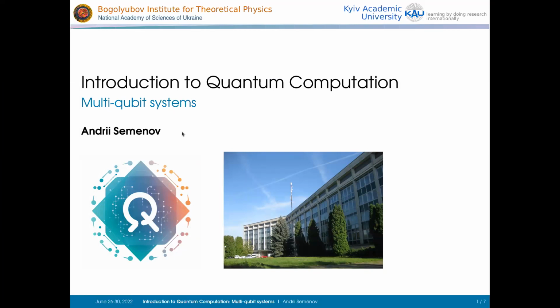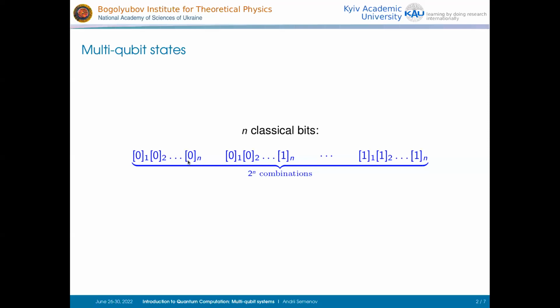Another part of my lecture: multi-qubit systems. Now we are going from one qubit to many qubits. And this is actually what happens with quantum computers. In classical information, when you have an n-bit system, there are 2^n possible combinations for them.